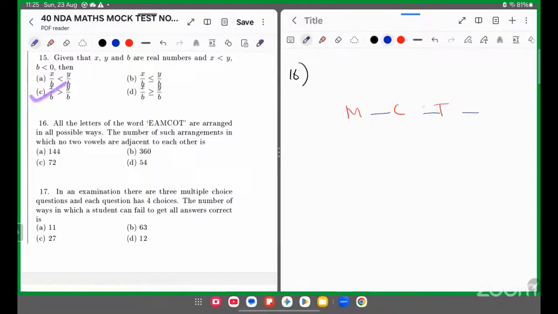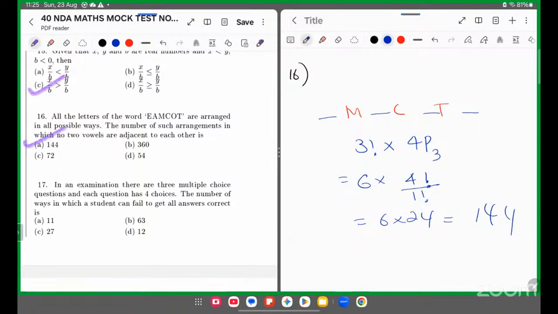Now you can see these are the positions available. So these three consonants can be arranged in 3 factorial ways, and there are 4 places to arrange the 3 vowels. Take any 3 out of 4 and arrange. So 3 factorial is 6, 4P3 is 4 factorial by 4 minus 3, 1 factorial, which is 24. So 6 into 24 becomes 144. So option A is the correct answer.